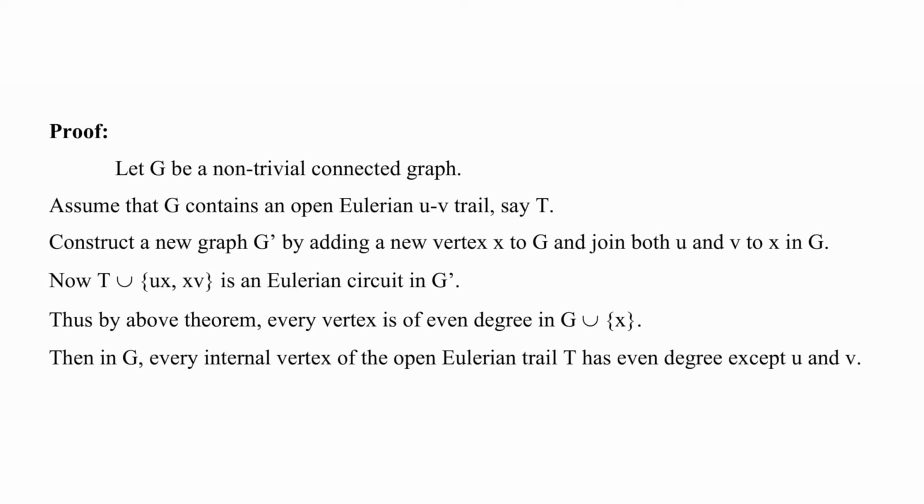Now, T union ux, xv is an Eulerian circuit in G dash. Thus, by the above theorem, every vertex is of even degree in G dash. Then in G, every internal vertex of the open Eulerian trail T has even degree except u and v.